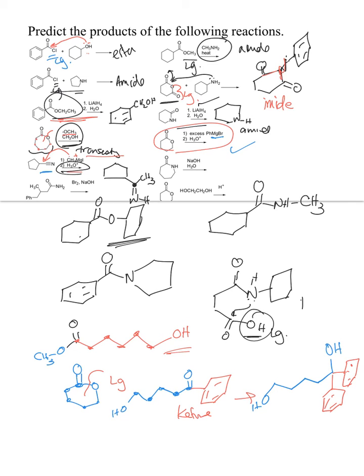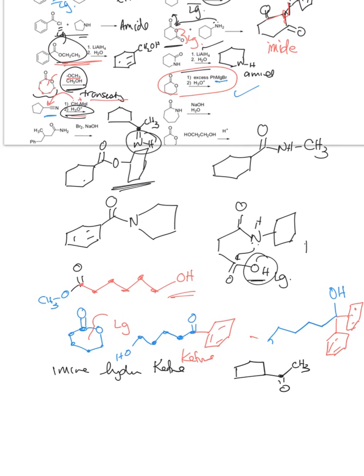But then you're adding acid to hydrolyze that, and an imine will hydrolyze to a ketone. So your product then will be a ketone. We learned that in the previous chapter.